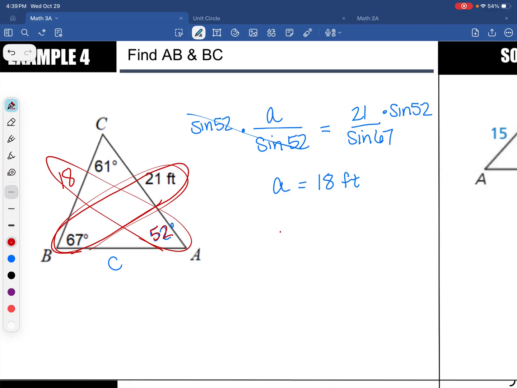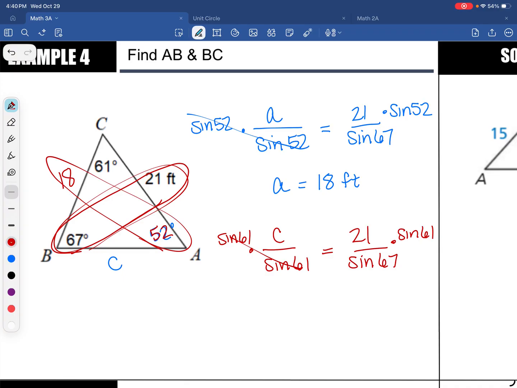So I have C over sine 61 is equal to 21 over sine 67. Okay, multiply by sine 61 to cancel. I like that because if I go up and use my same calculation in my calculator, a lot of it is still there.